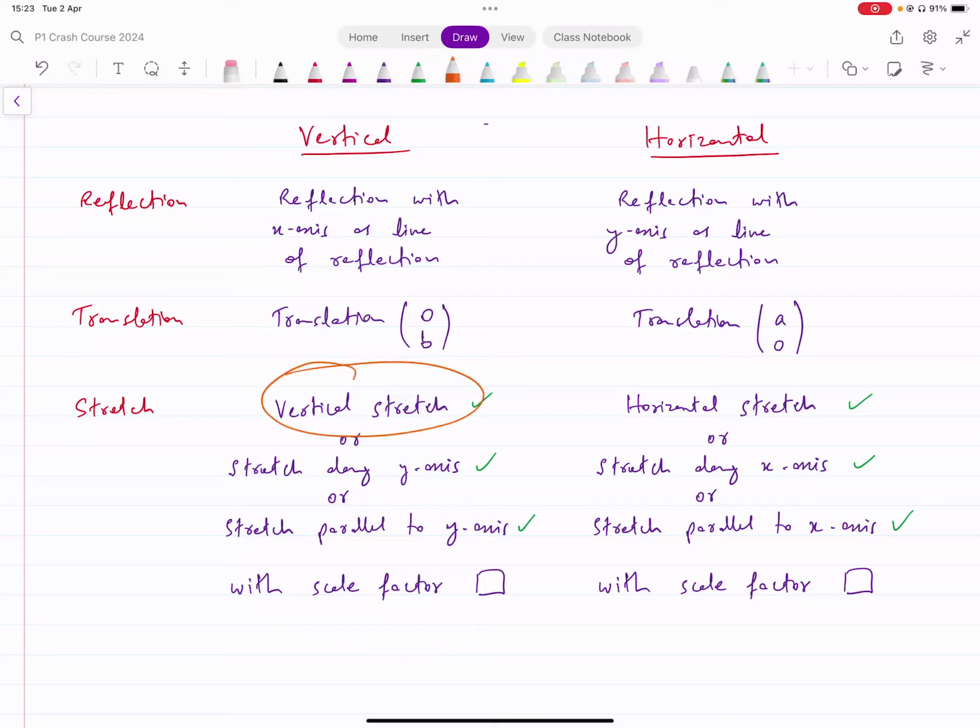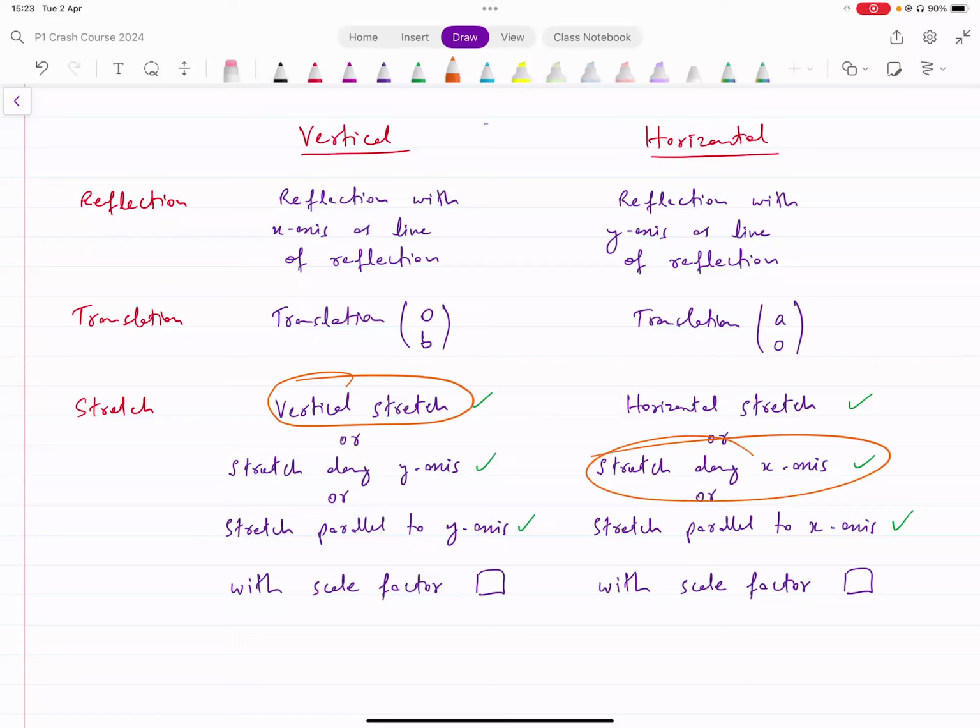Either write it's a vertical stretch, or write it's a stretch along y-axis, or write it's a stretch parallel to y-axis. Don't write multiple, because if you write multiple, then all of them have to be correct. So it's not helpful to write multiple. If you write description as vertical stretch and then you also write it's a stretch along x-axis, you're going to lose marks.